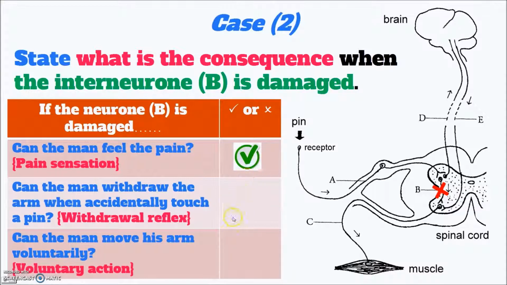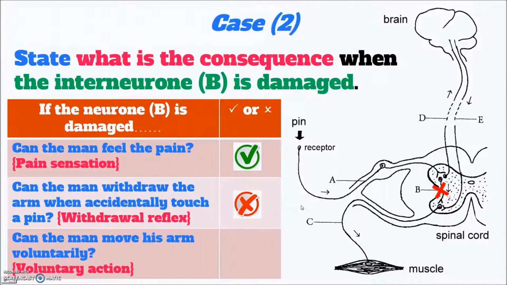So how about, can he withdraw his arm by the withdrawal reflex? So let's see the reflex arc: part A, part B, and part C. Neuron B is damaged, so the reflex arc is not complete at all. So he cannot withdraw his arm by the withdrawal reflex.